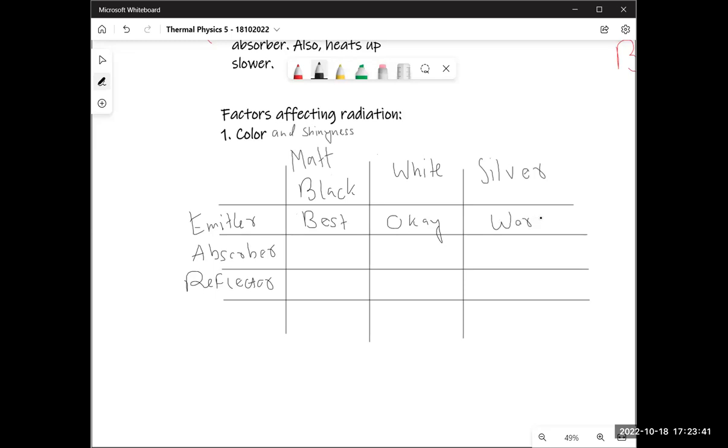Worst. Okay. Next thing is, let's say, absorber. This is the worst absorber. Reflector. This, sorry, this is the worst reflector. This is the best absorber.